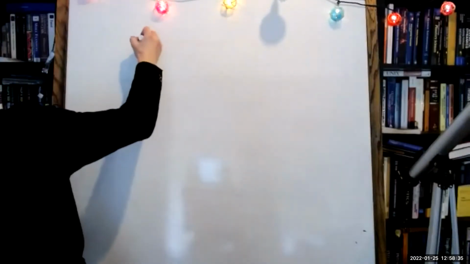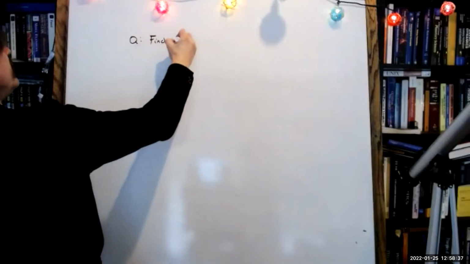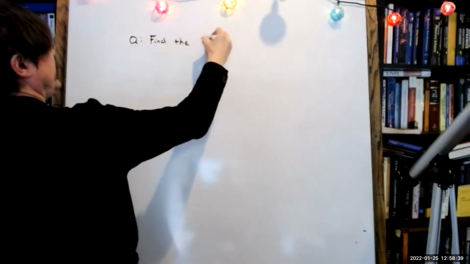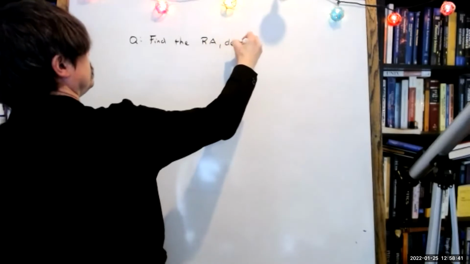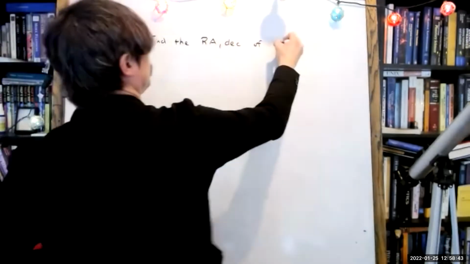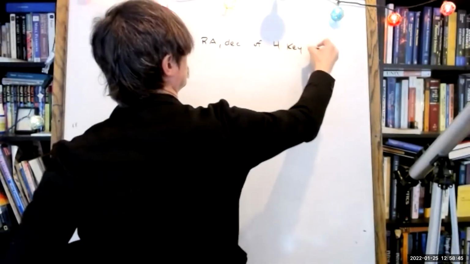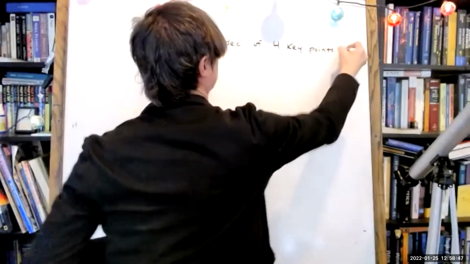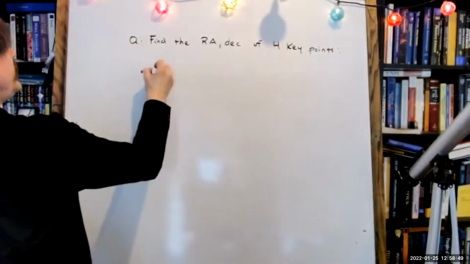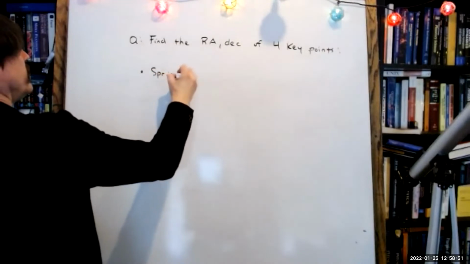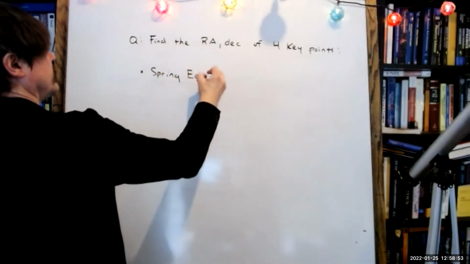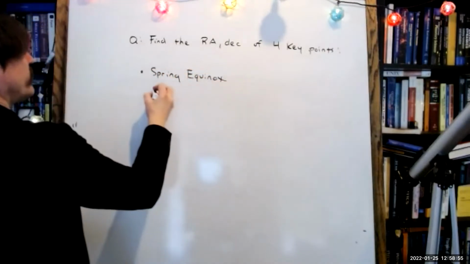So in class question, find the right ascension and declination of the 4 key points on the celestial sphere. We'll start with the spring equinox. This will be a little awkward to get started on.